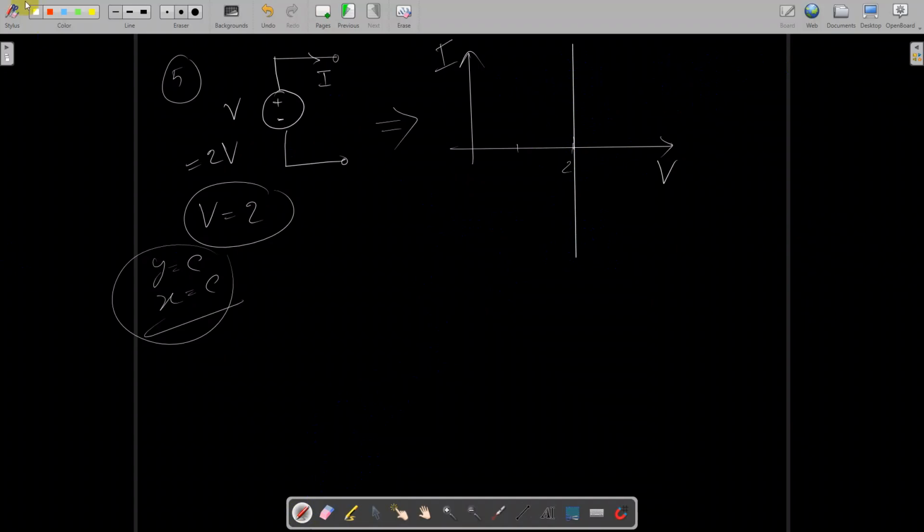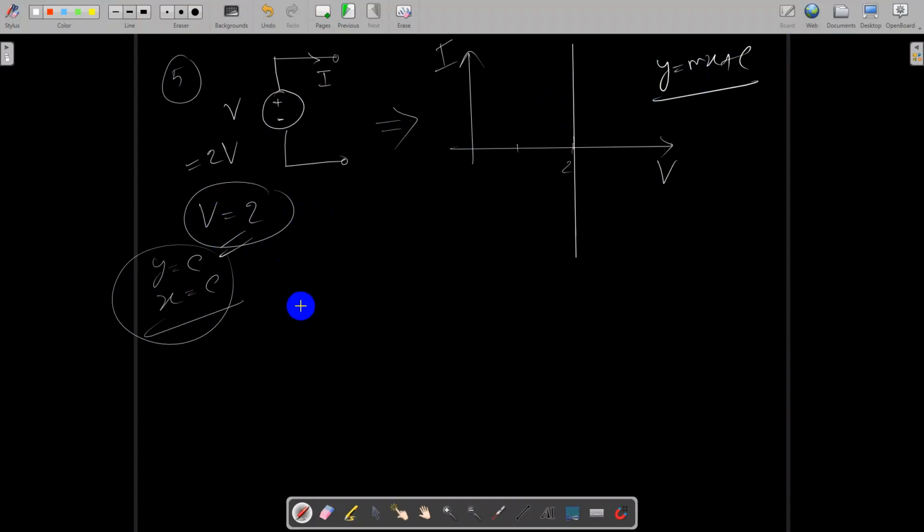You can say y is equal to mx plus c is linear. Yes, this is linear in the sense of mathematics, but this is not linear in the sense of a linear system. We are talking about a linear system. To make it linear, it has to go through the origin, and this is also not linear.